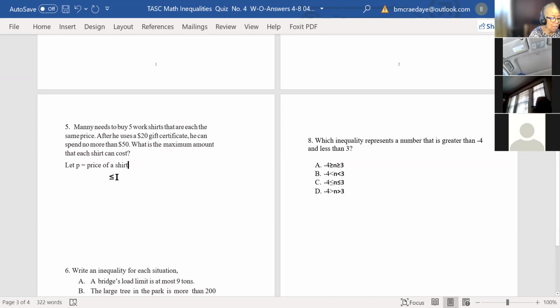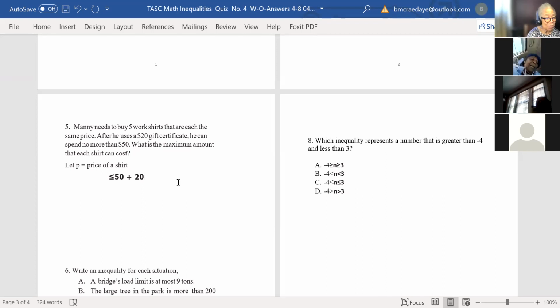So here it should be 50 plus 20. It says after he uses it, doesn't say he's used it. After he uses it, he can spend no more than $50.